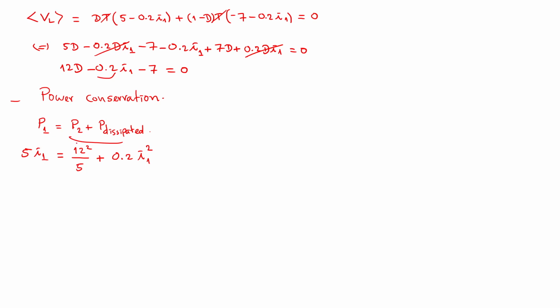Actually, from this equation you can get I1 first. So you multiply this, it becomes I1 squared minus 25 I1 plus 144 equal to 0.